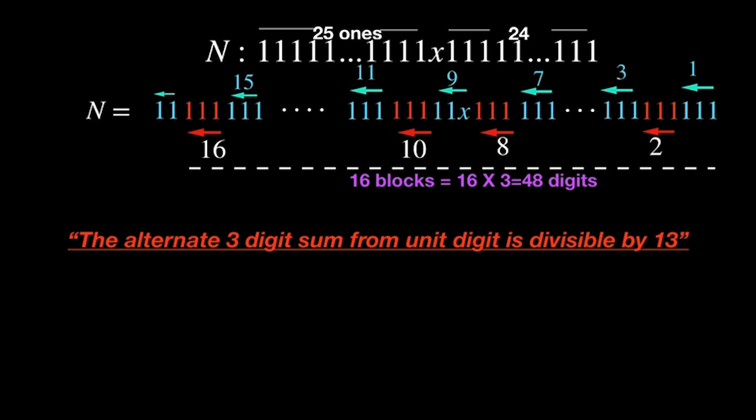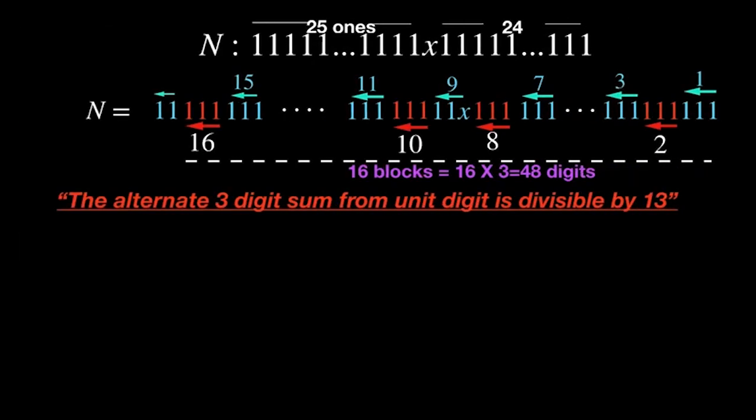Here every blue colored block from the starting one will take its sign as positive, and the red colored blocks will take the sign minus, like this, because of the alternate 3-digit sum.